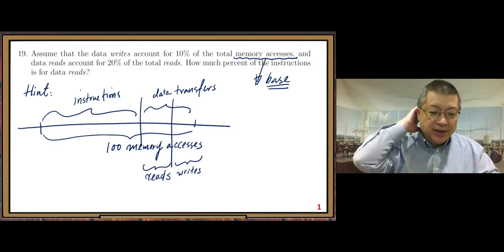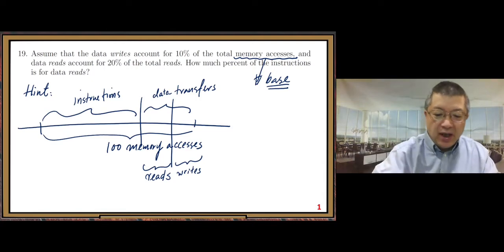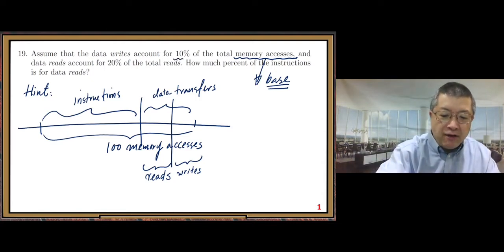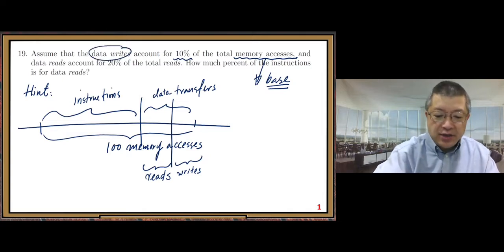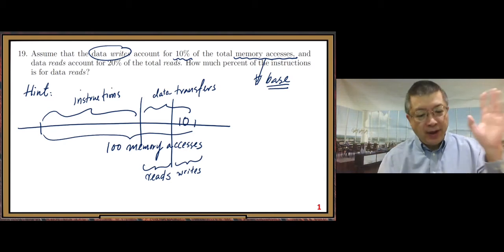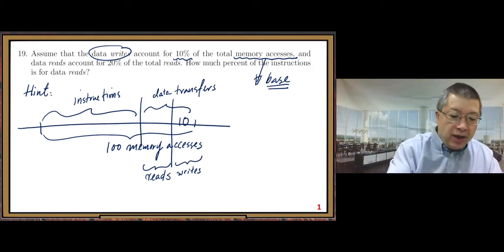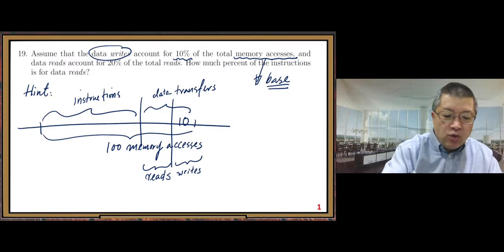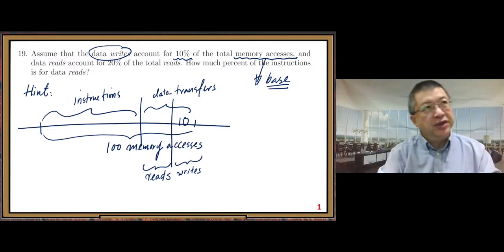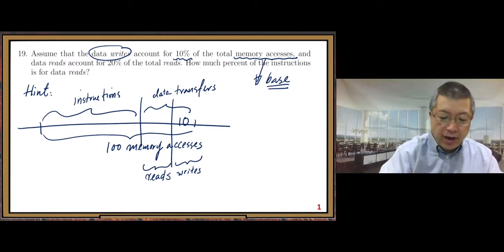Now, let's look at the condition. First, 10% of the memory accesses are data writes. So this part is 10. Data reads account for 20% of the total reads. So what are the total reads?